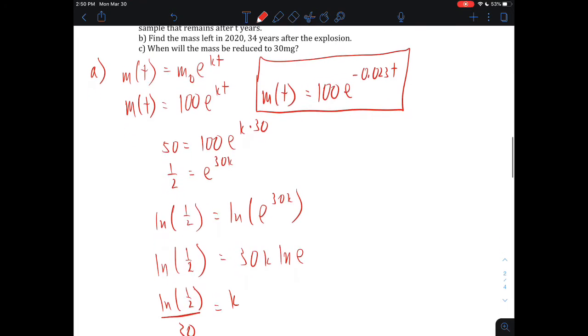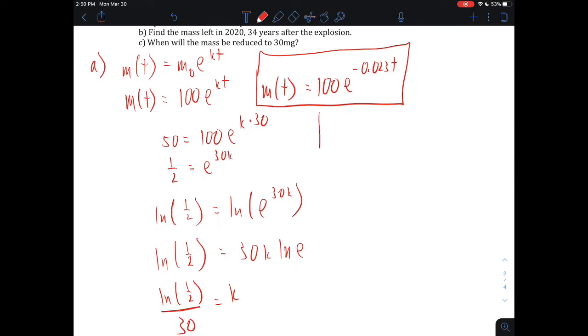So then part B, find the mass left in 2020, so 34 years after the Chernobyl explosion.